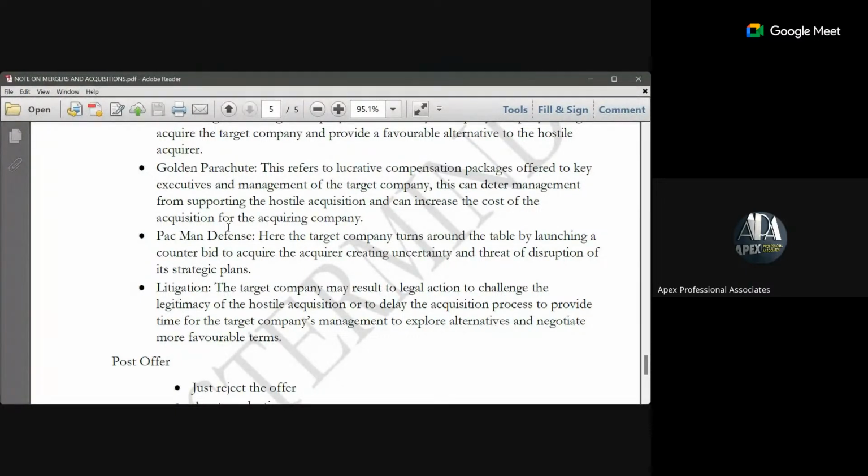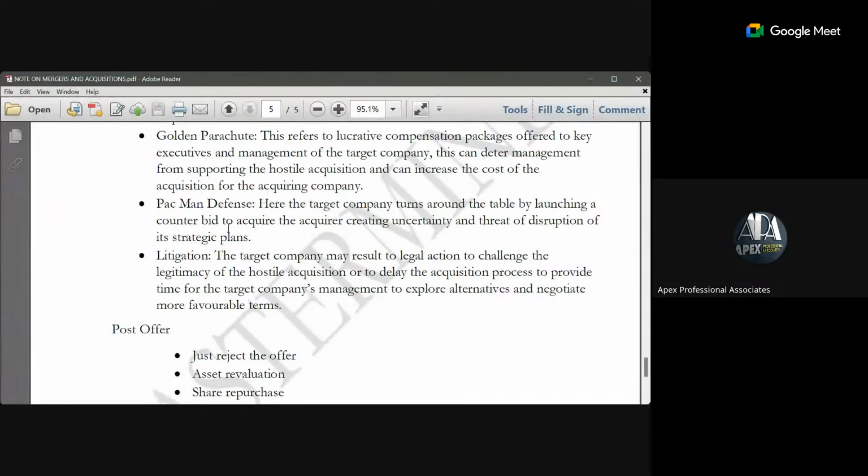That is, the acquirer now becomes the target. So you want to acquire me? Before you propose, I will propose to you that I want to acquire your business. So they turn around the table, thereby causing confusion for the acquiring company, the business that is willing to acquire another.